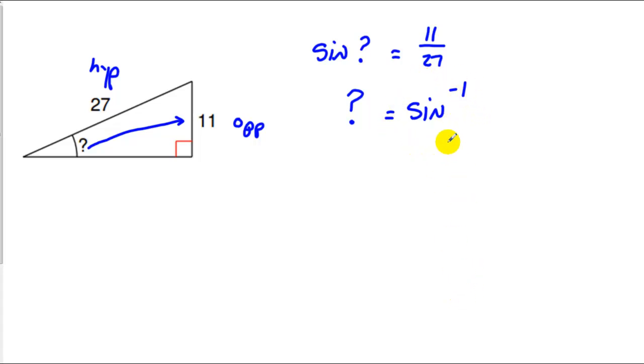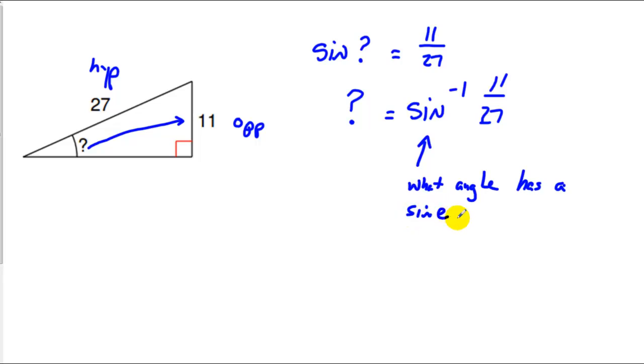And that's how we write the inverse of that value. And what will happen is we'll get the angle we need by plugging this into our calculator. This inverse basically says what angle has a ratio of 11 over 27.